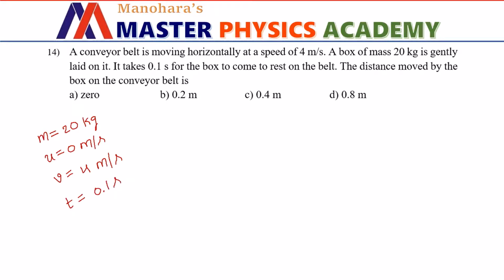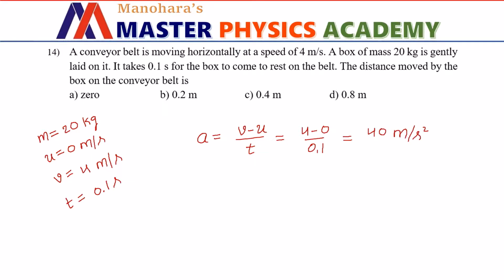Now let us find the acceleration of the box during this time interval, which is given by change in speed divided by time taken. So it is 4 minus 0 divided by 0.1, equal to 40 meter per second squared.